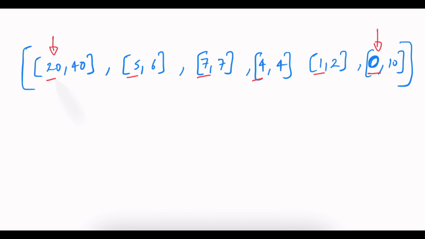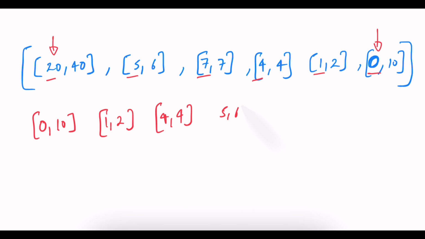So let's sort these meetings and see what we get. So we will have 0, 10, and then 1, 2, then 4, 4, and then 5, 6, and then 7, 7, and then 20, 40. So let's try to draw this on a number line.